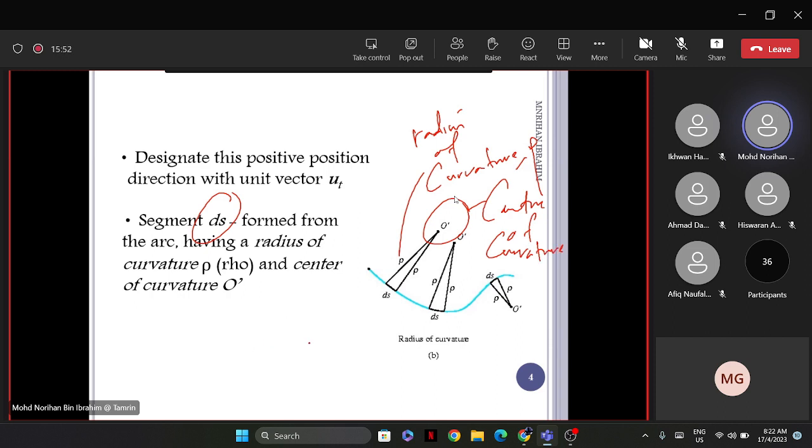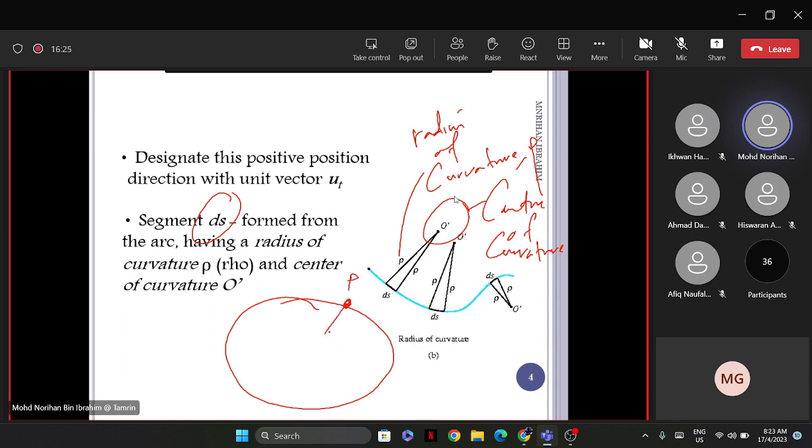So any particle which moves according to a curve, a circular path of motion, also has a radius of curvature which needs to be considered, and of course, when it has a radius of curvature, it will also have a center of curvature. Let's see, we have this particle which moves according to a circular path.